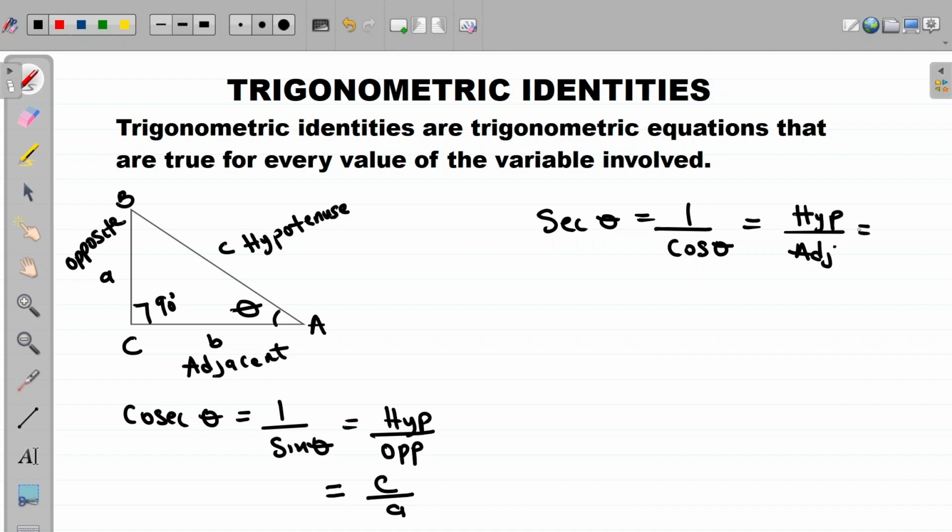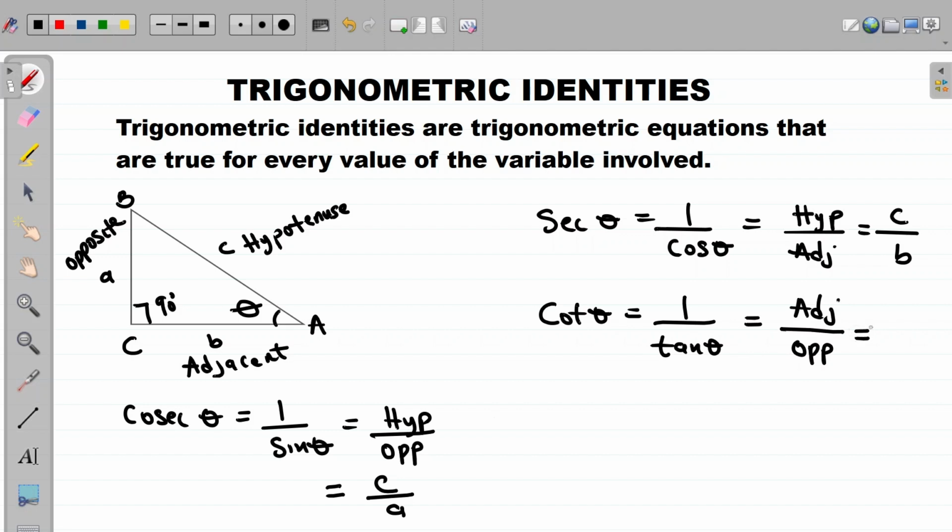From our figure, our hypotenuse side is C and our adjacent side is B. And cot theta can be expressed as 1 divided by tan theta, which can also be expressed as adjacent divided by opposite. And from the figure, our adjacent side is given as B and our opposite side is given as A.